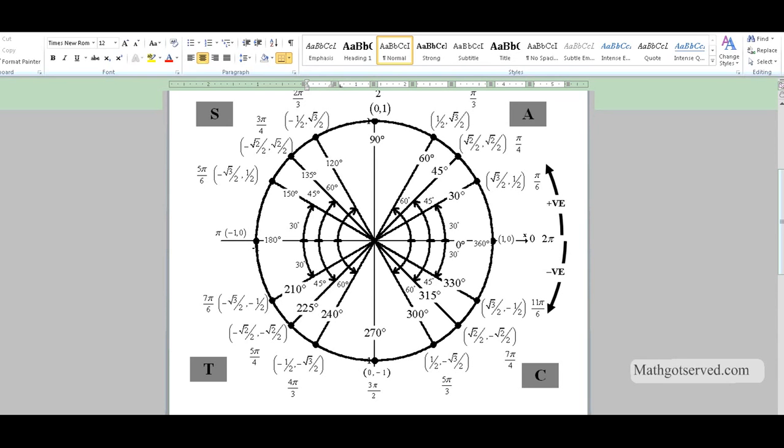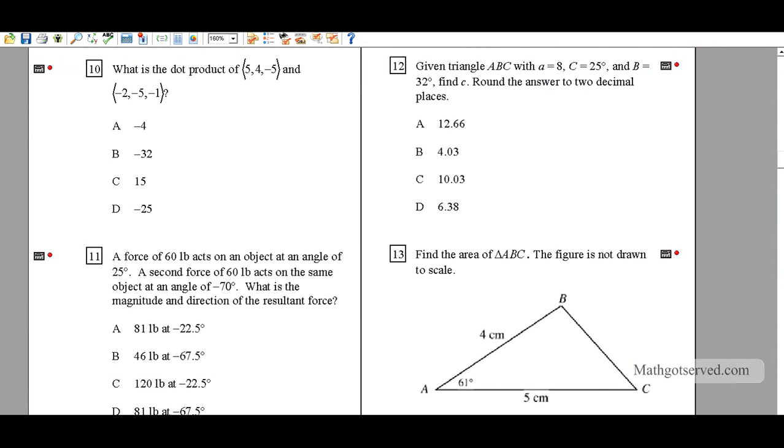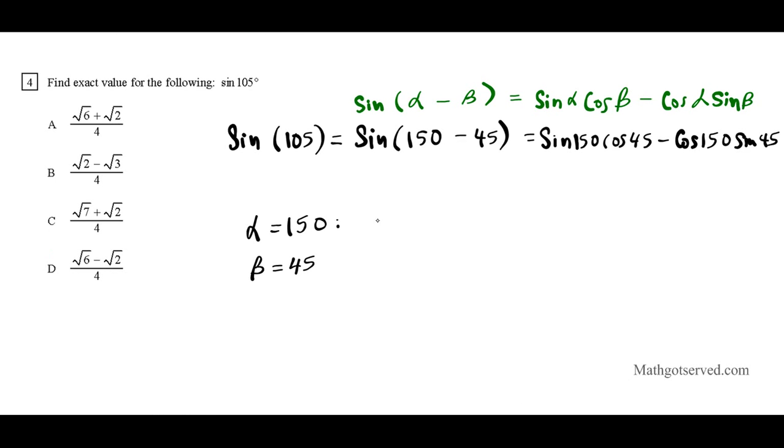All right, so let's write down the value of these coordinates on our unit circle, next to each angle. So 150 is negative root 3 over 2, comma 1 half. And then 45 degrees is root 2 over 2, comma root 2 over 2. Okay?